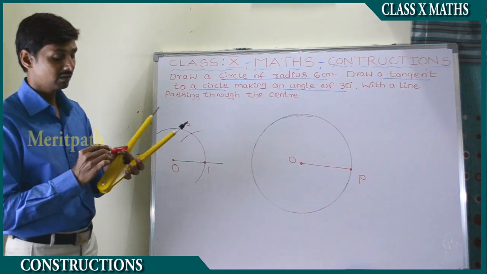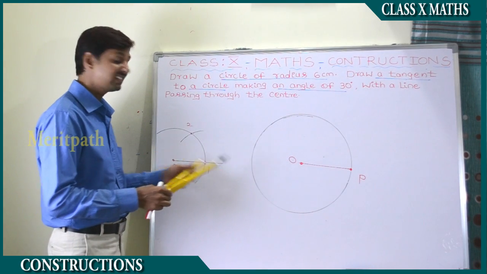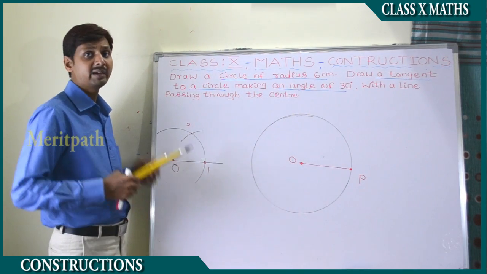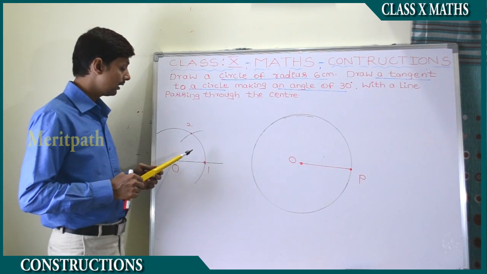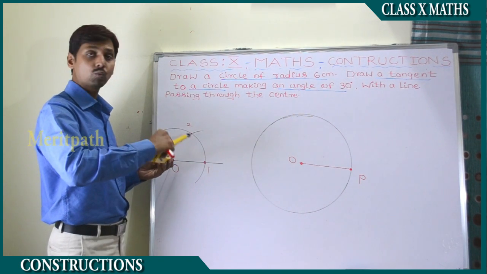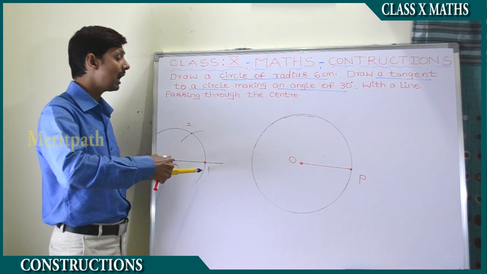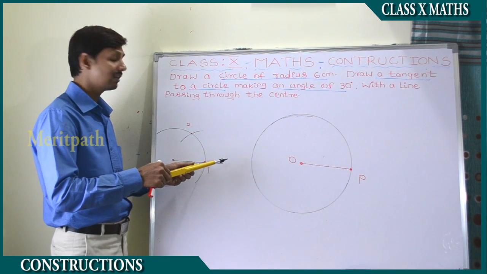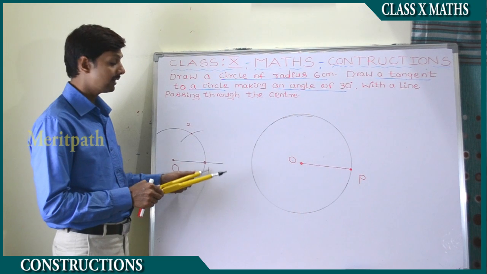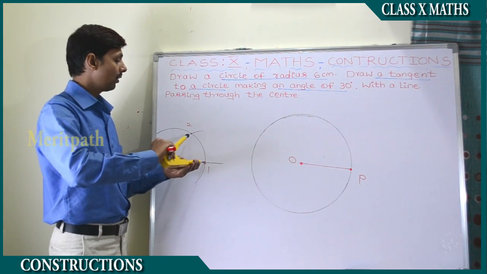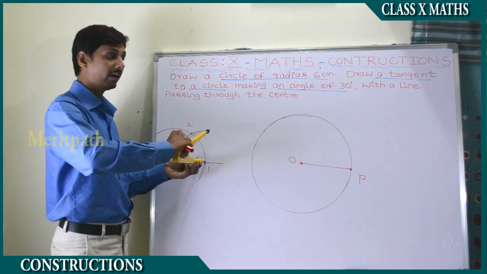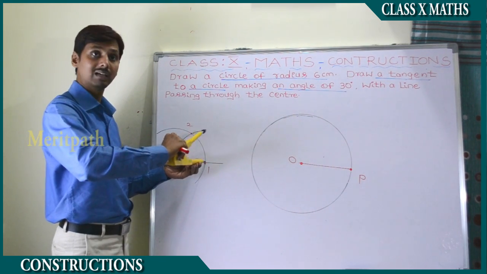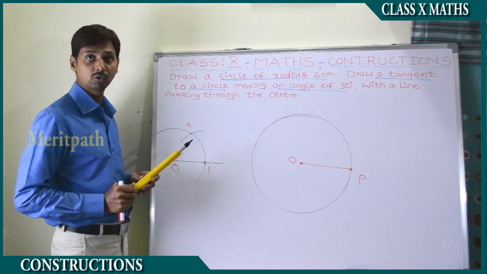Let's recall: we drew a line segment, took one end point O, and using some radius drew an arc intersecting the line segment at point 1. Using 1 and the same radius, we make an arc intersecting the earlier arc, and take it as point 2.